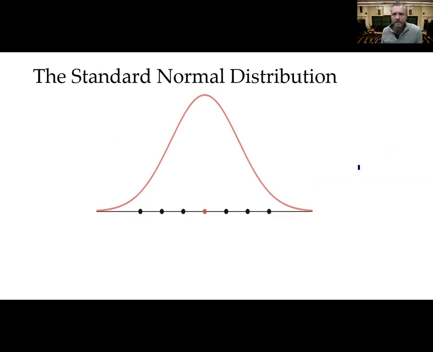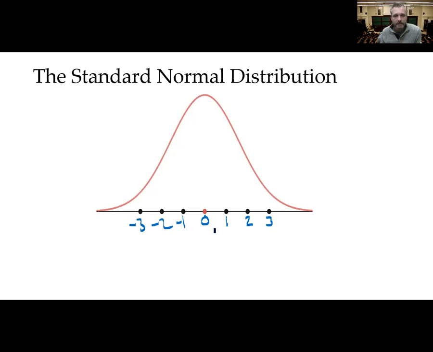All right, what does that do to our standard normal distribution? Well, if you think back to what we had before, this was the mean, and then the mean plus 1 standard deviation, the mean plus 2 standard deviations, the mean plus 3 standard deviations, and similarly as you move to the left. But if we talk about z-scores, well, the mean is just 0. 1 standard deviation above is 1. 1 below is -1. 2 above, 2 below, 3 above, and 3 below.